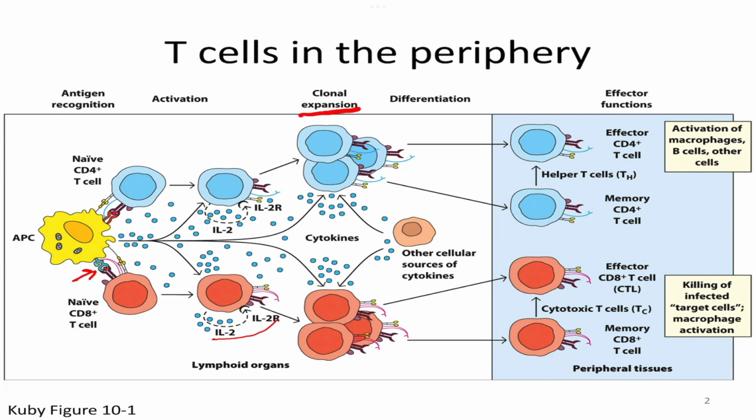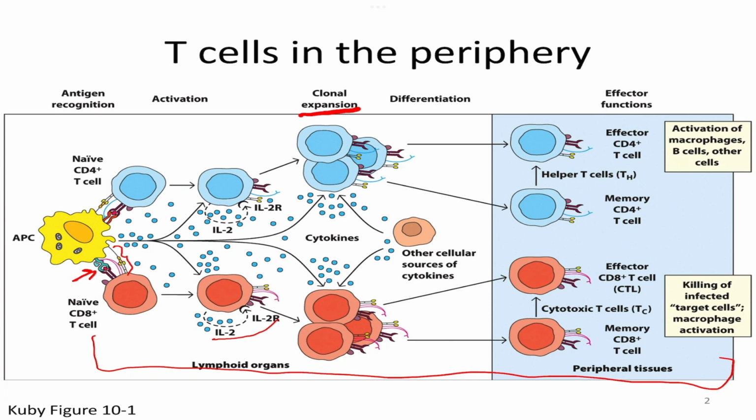We also talked last time about the importance of signal 2 in properly activating a T cell, and we saw a little bit about how that can be involved in peripheral tolerance. And then we also talked through the general details of differentiation and effector functions that are mediated by CD8 positive T cells.